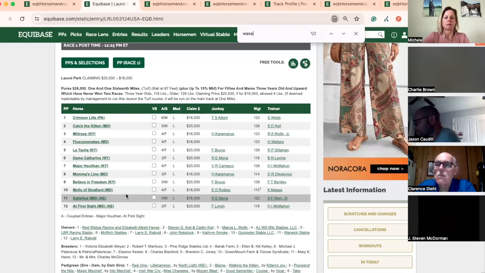Non-2 life $5,000 claiming races always fill, because everybody's got cheap horses. That race is going to get a dozen horses entered at almost every track everywhere, because that's what most horses are. They're cheap horses. But getting that specialty allowance race going long on the dirt, don't hold your breath, because that ain't easy to fill.